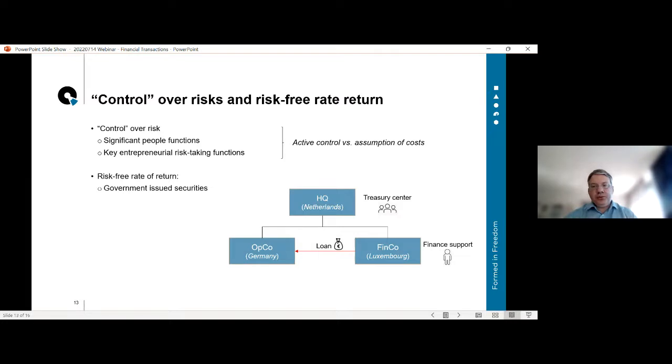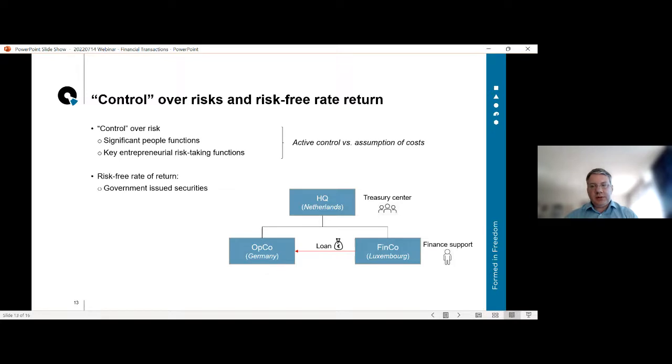And also the entity should be able to bear the negative consequences once the risk materializes. So that is very important.